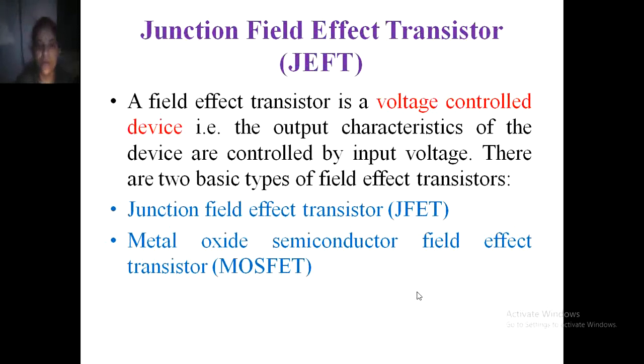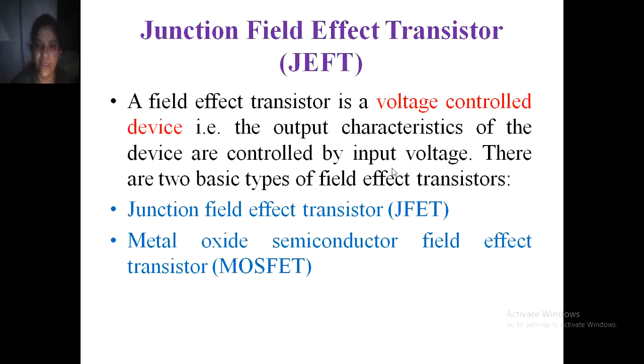For our first chapter, we are going to see the JFET in detail. They are not asking whether you can explain the P type or N type, but we are going to see all this terminology for the N type FET.